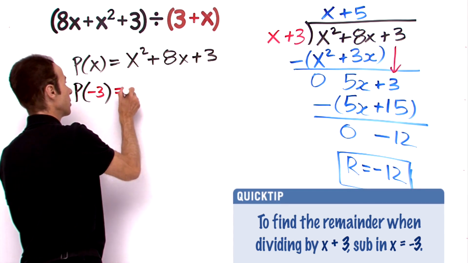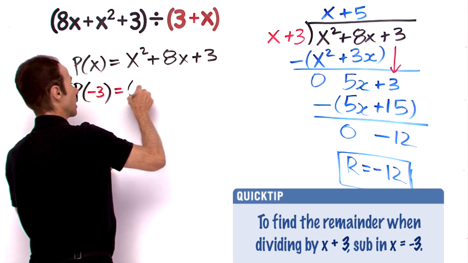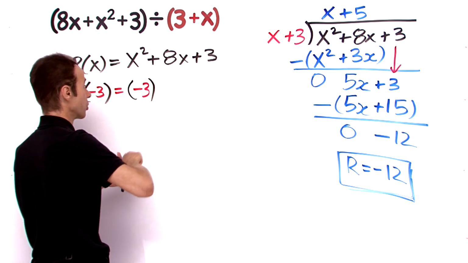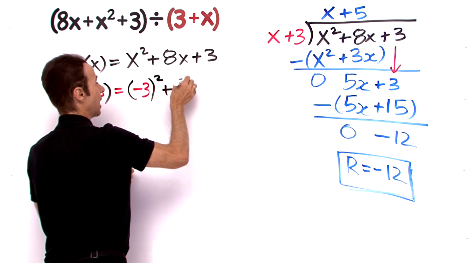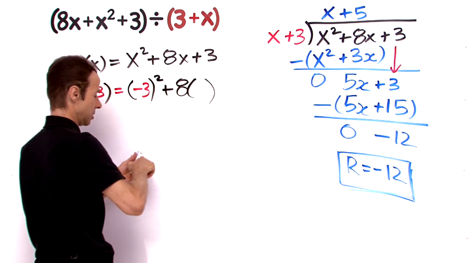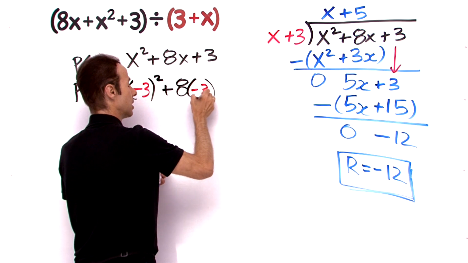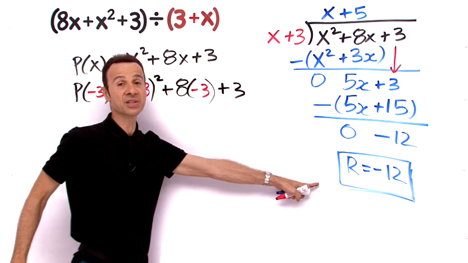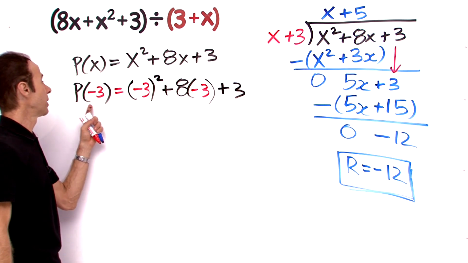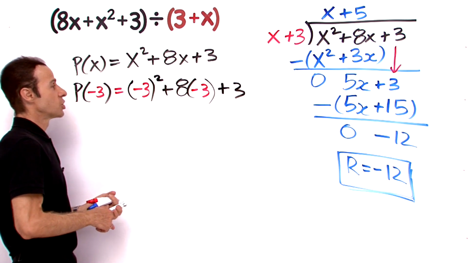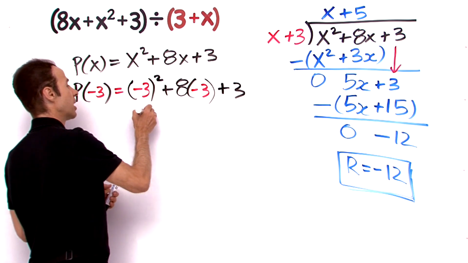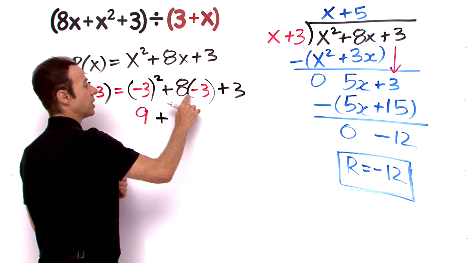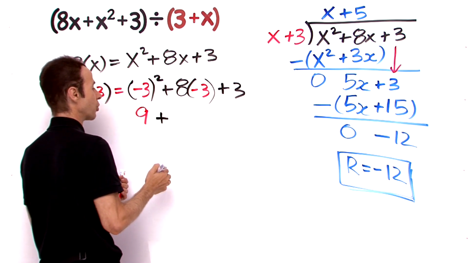So that's going to equal negative 3 all squared plus 8 times, you guessed it, negative 3 plus 3. We're looking for that remainder now. That's our outcome, remember? Okay, p of negative 3 equals negative 3 squared gives us a positive 9 plus negative 3 times 8, that's going to be a negative 24.